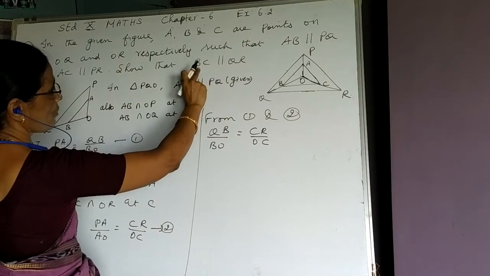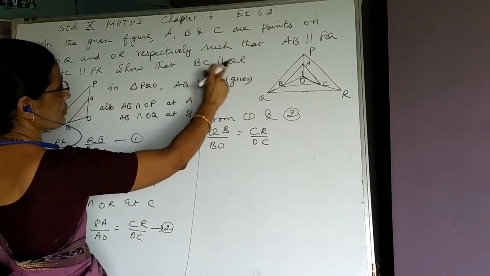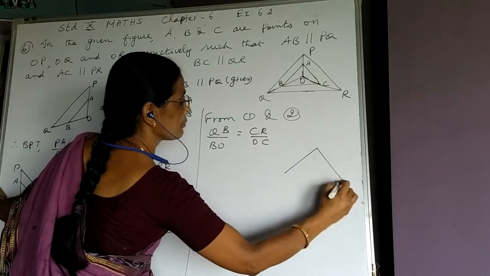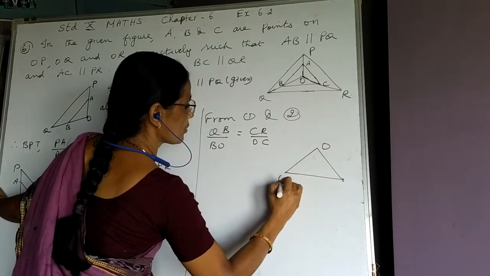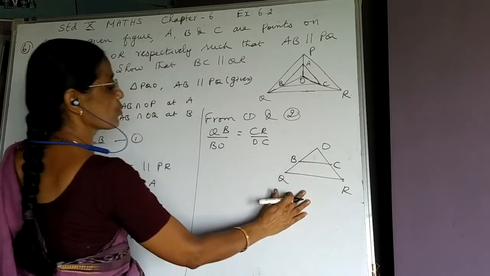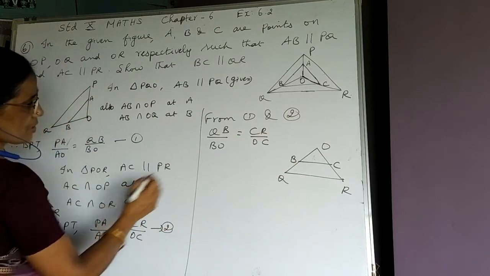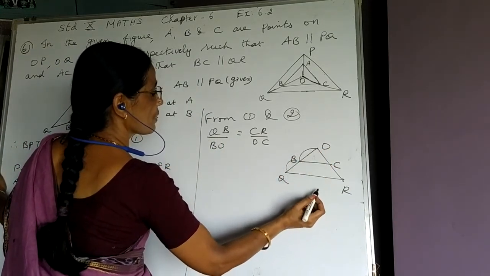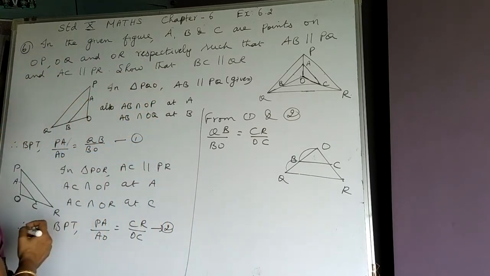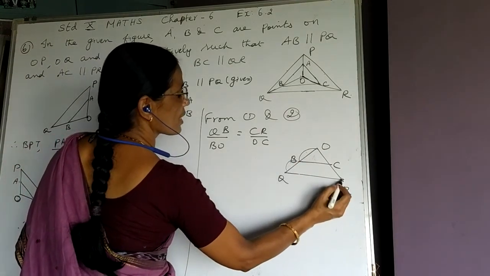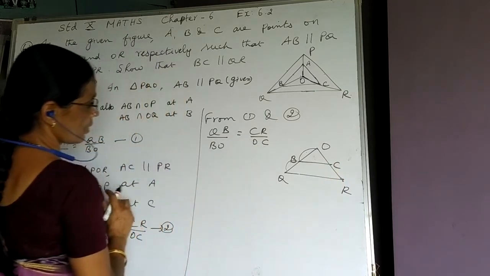So I take the triangle in which these two segments are there. So which triangle it is? Triangle OQR. Now here BC is not given parallel to QR, we are supposed to prove. So here we are getting the ratio QB upon BO is equal to CR upon OC.